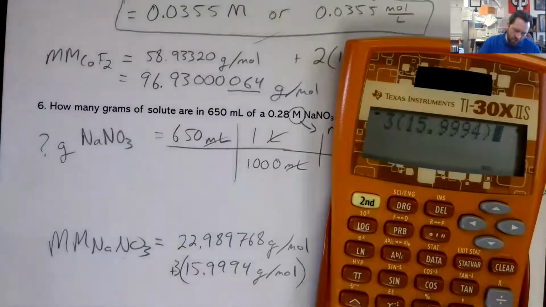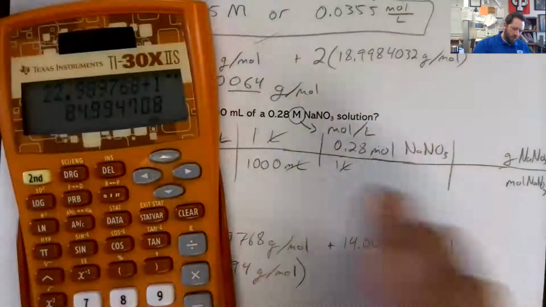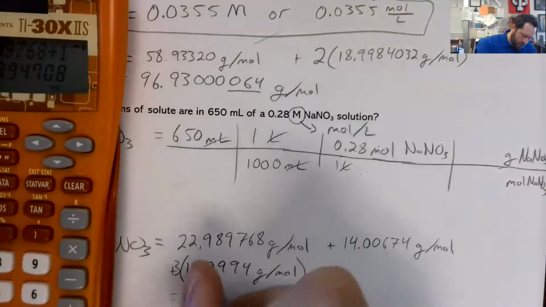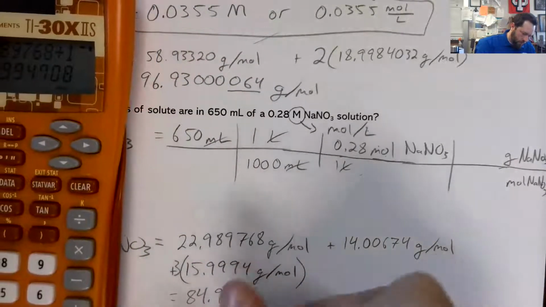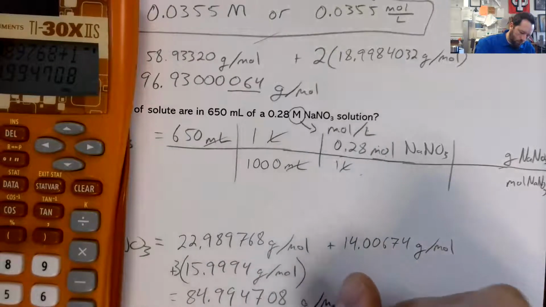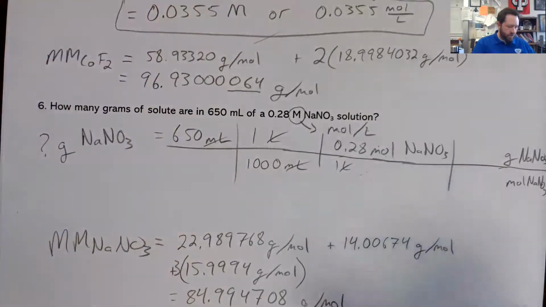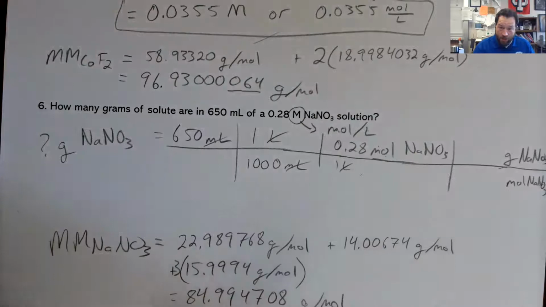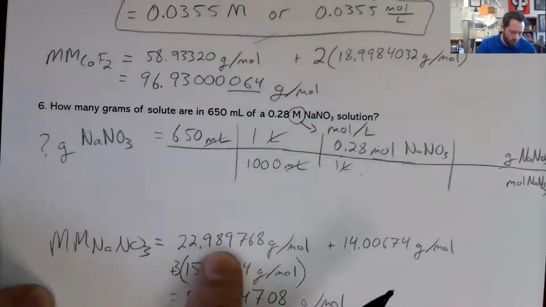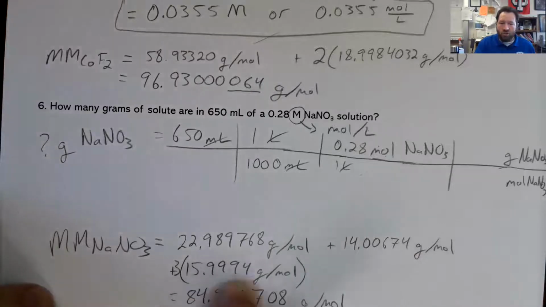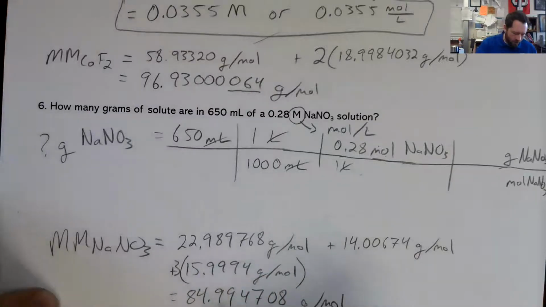Close those parentheses, press the compute button, and our molar mass of sodium nitrate comes out as 84.994708 grams per mole. Double check for significant digits. Addition step, so again, it matters how many past the decimal. This one goes 6 past the decimal. This one goes 5 past the decimal. Oxygen just goes 4. So we're going to be limited to just 4 past the decimal. That's 0.8.